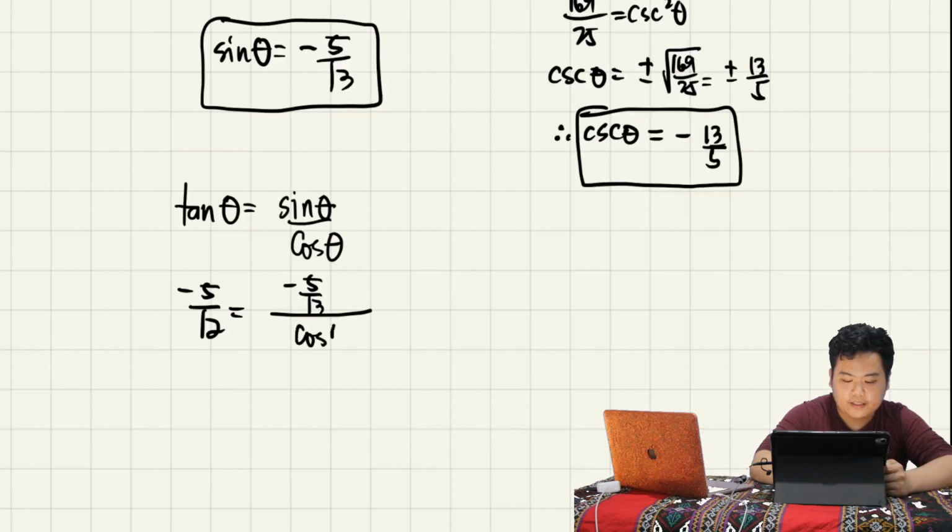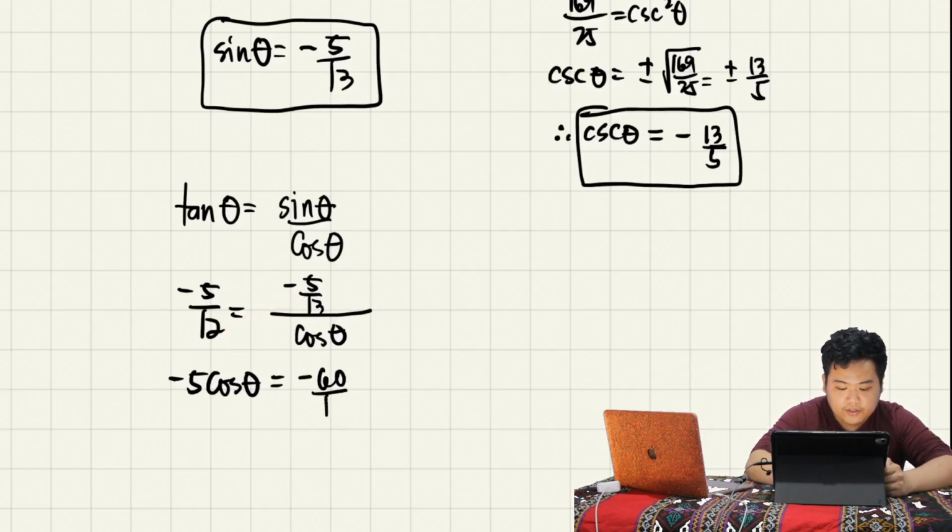Thus, we have cosine theta. So, how do we compute for cosine theta? Pwede mo multiply lang, cross multiply. So, we get this fraction times 12, negative 60 over 13.